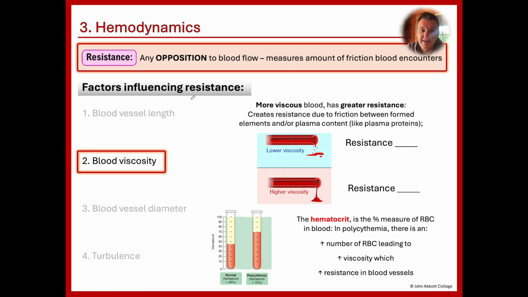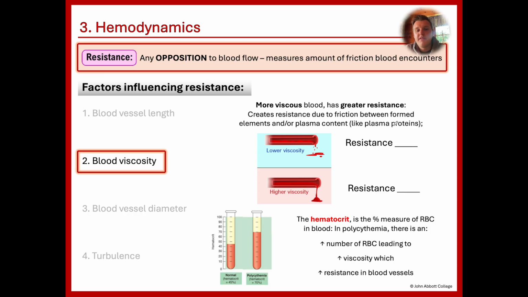The one that is important is blood viscosity. The more viscous that our blood is, the more resistance that it has. What does viscosity mean? It means thick. Honey is more viscous than blood, right? So it actually creates resistance due to friction between the formed elements, like the blood cells and the plasma content, like the plasma proteins.